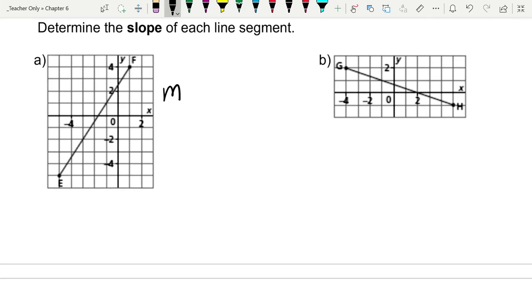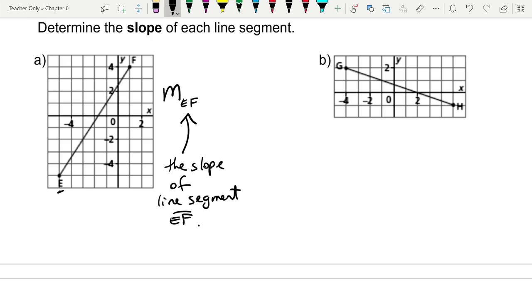And if I'm going to go from a point to a point, if they give me names on the points, in this case the name E and the name F, sometimes I like to actually put m with a little subscript EF, which is, again, kind of the English on that is the slope of line segment E to F.